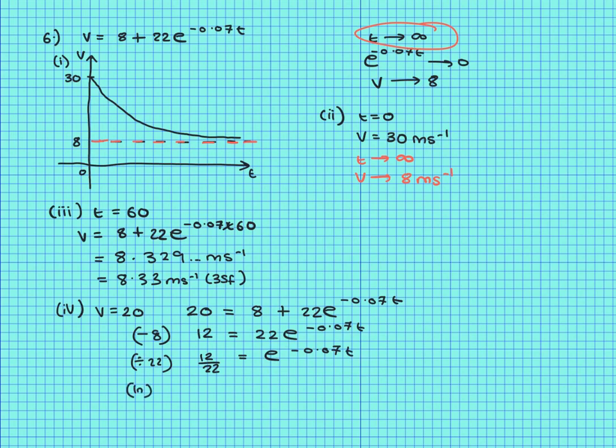Take natural log of both sides, ln, so ln of 12 over 22 equals negative 0.07 t, and then the last step is of course to divide through by negative 0.07 to find a value of t. This gives me a value of t equals 8.6590 ... so 8.66 seconds to 3 significant figures.